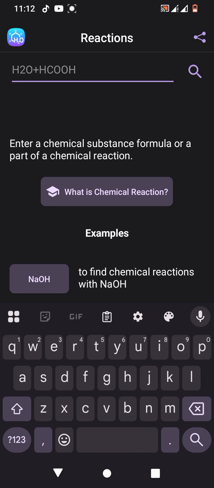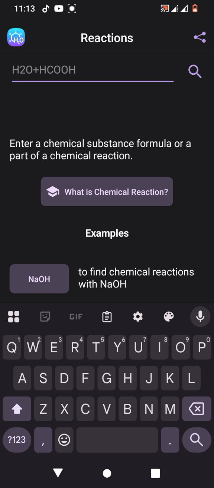For example, since in chemistry we deal so much with chemical equations, our homepage right here allows us to just write some chemical equations, and then it'll calculate the elements we are adding together. For example, let's do a very common reaction.